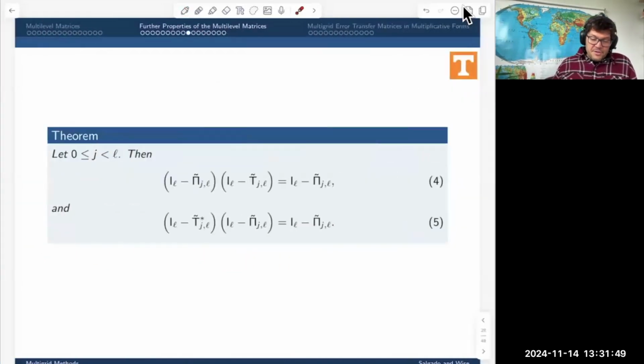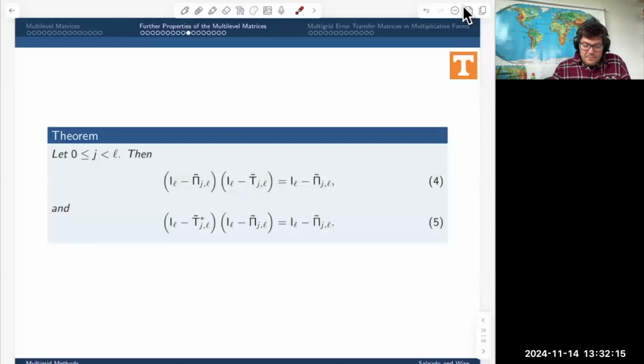All right, another interesting property which is going to help us with expressing error matrices in a nice and efficient way. This is the error that we make in the coarse grid ridge projection matrix, I minus the coarse grid ridge projection. I minus the T_J tilde matrix is also kind of like an error.